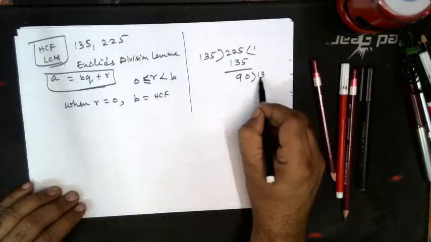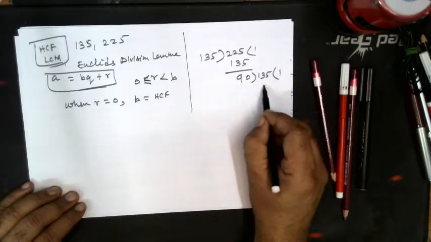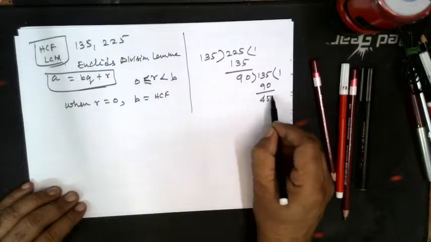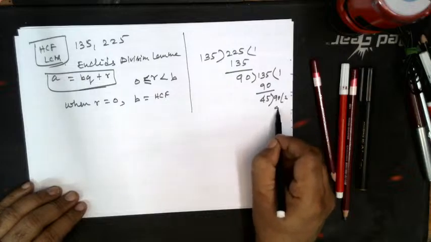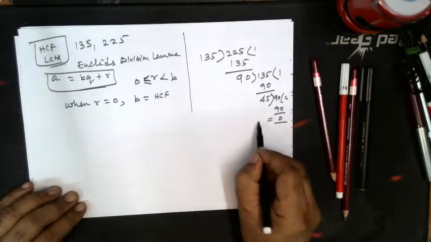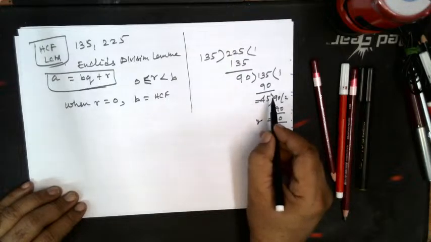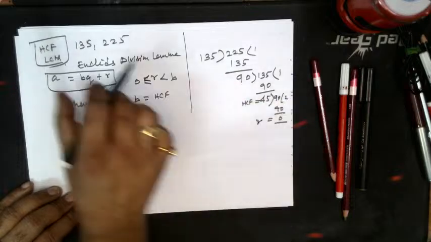Again 135 into 90: how many times? One time, so 90 remains. Now 45. Put 90 two times, 2 times 90, that is equal to 0. So this is R. Therefore this should be the HCF.